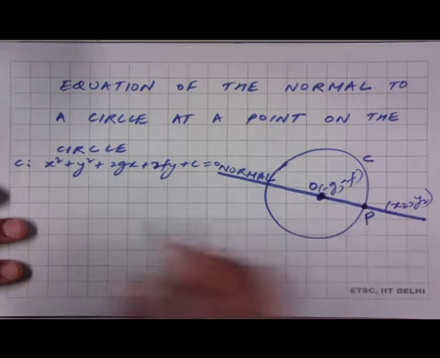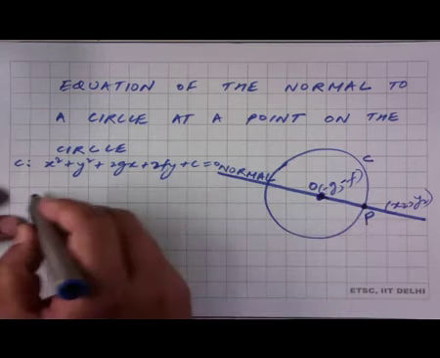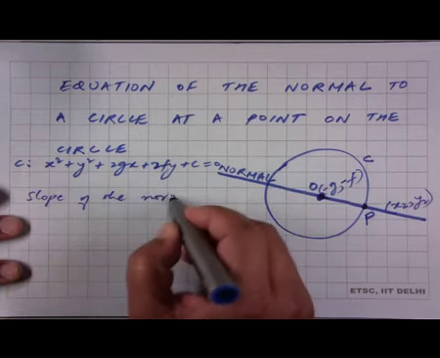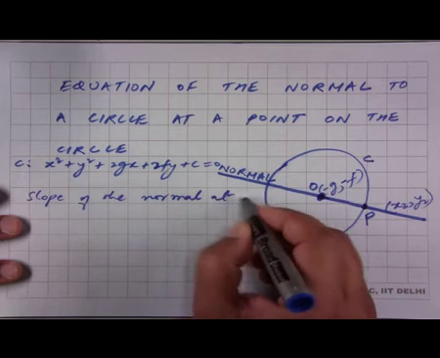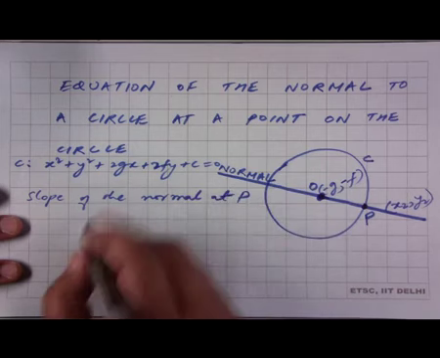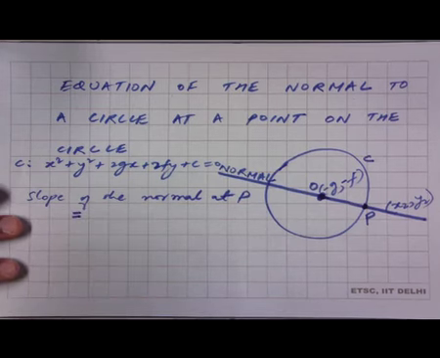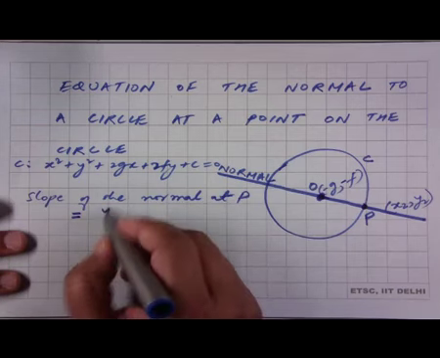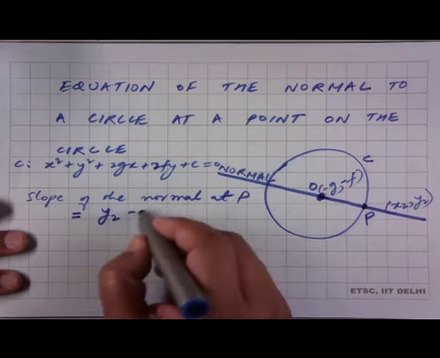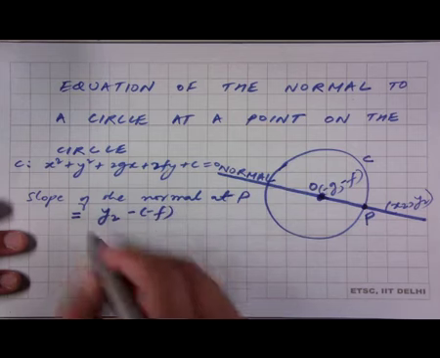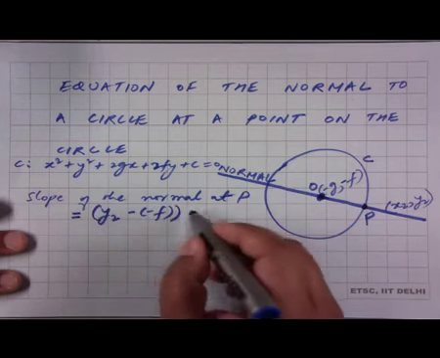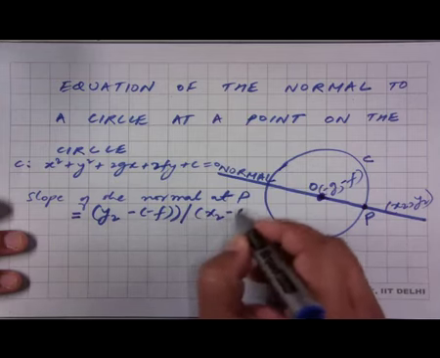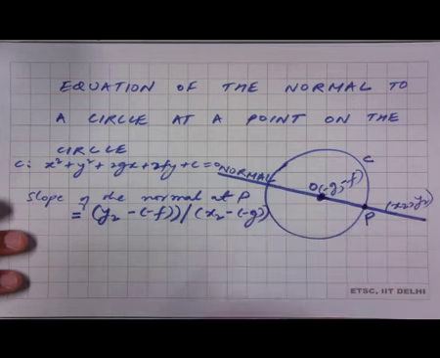Now, it is clear that the slope of the normal at P equals y2 minus f divided by x2 minus g.